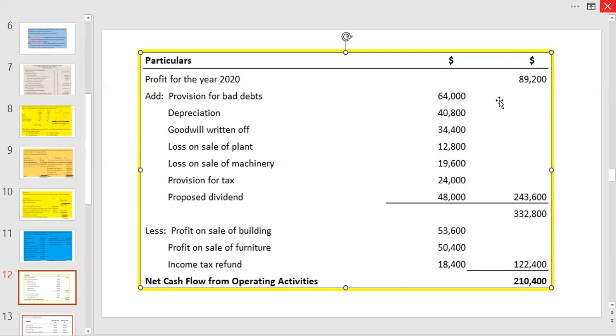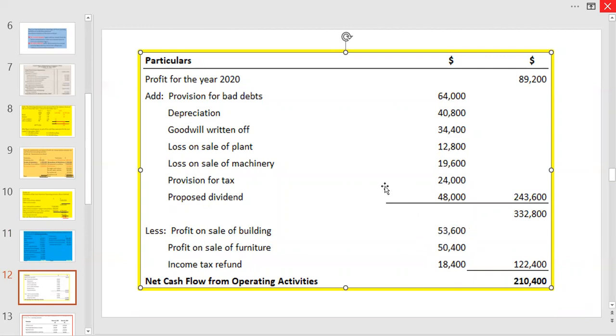As you see, depreciation, goodwill written off, provision for bad debts are added. Those are non-cash expenses. As you would note, loss on sale of plant, loss on sale of machinery are added, and similarly profit on sale of building, profit on sale of furniture are deducted.